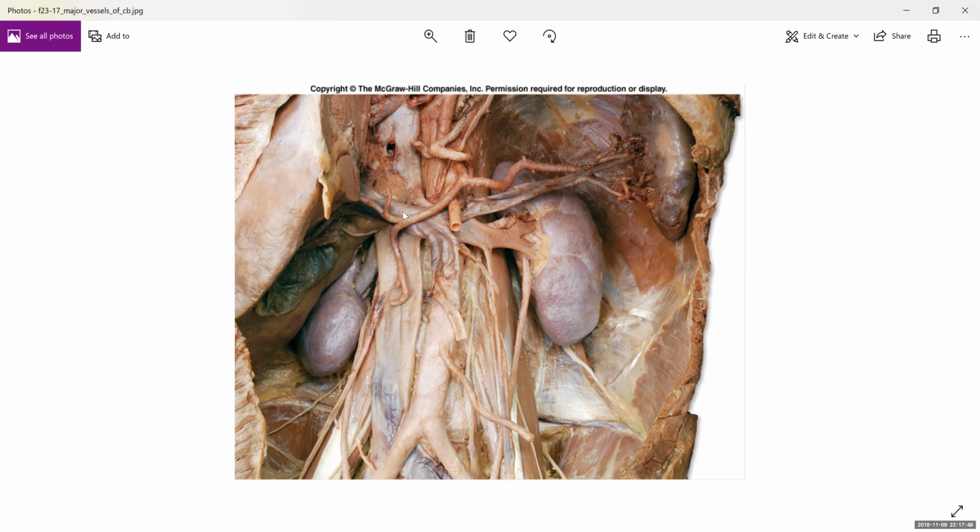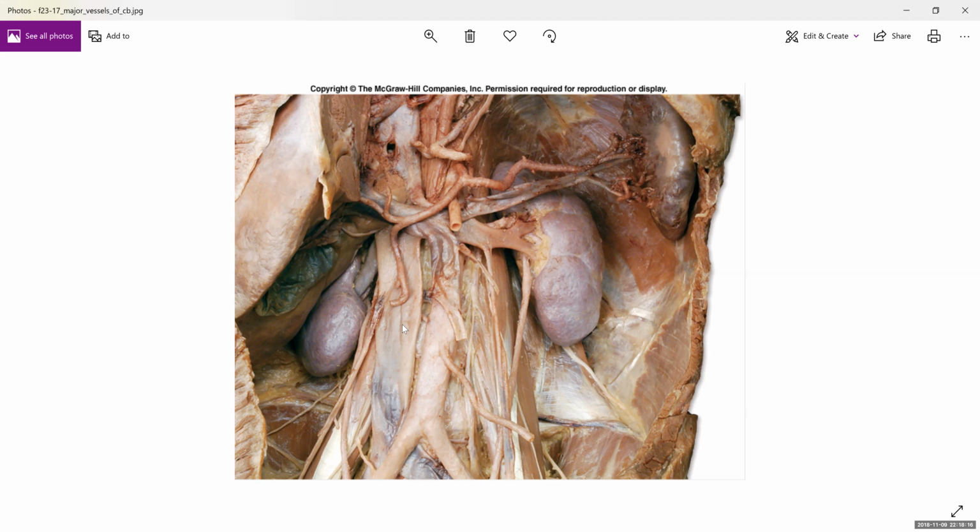Hepatic portal vein. Name this vein. Splenic vein. Name this vessel. Left renal vein. Name this vessel here. Left gonadal vein.